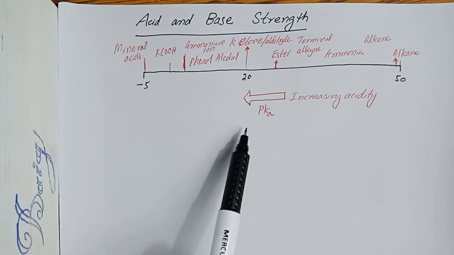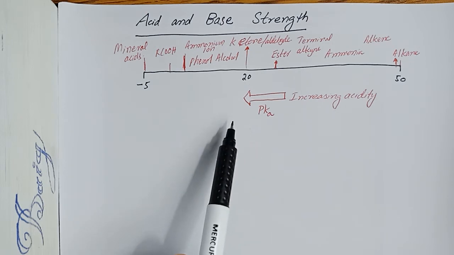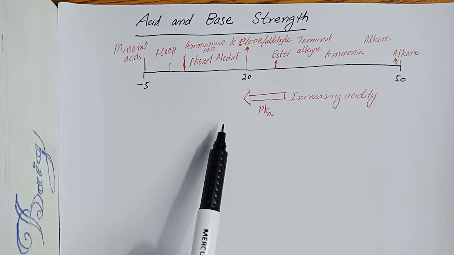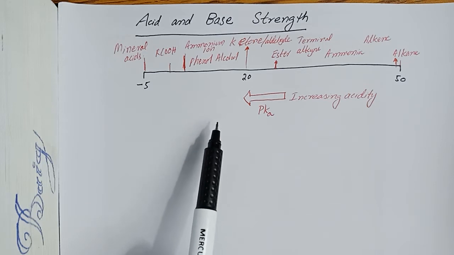So this pKa value determines the acidity of these acids, and now let's discuss what the pKa value is and how we can calculate the strength of acids and bases.